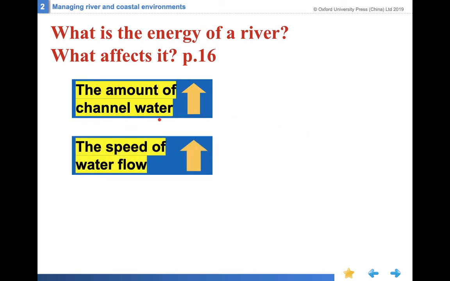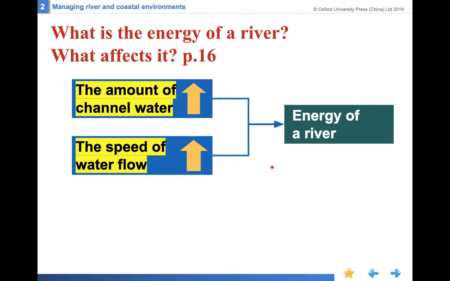First of all is the amount of the water, and second is the speed of the water flow. So all these will affect the energy of the river. If they are both like more channel water and higher speed of the water flow, the river energy will be high as well.